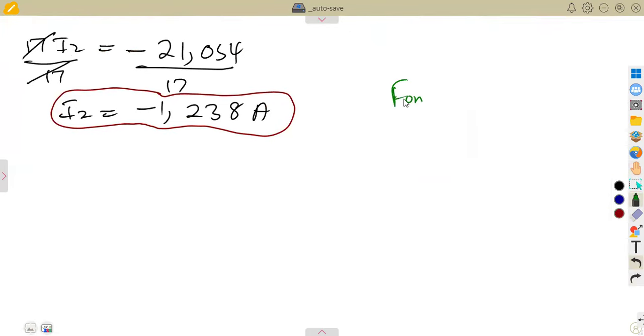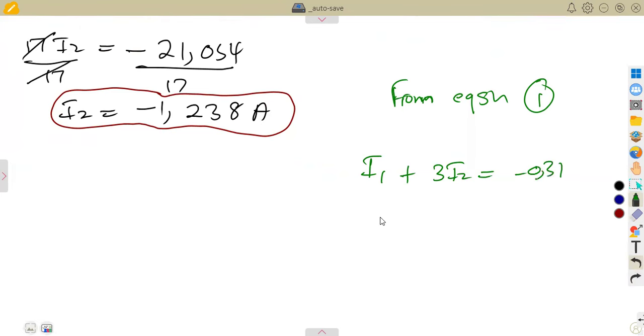All right, so in this case, I'm just going to take equation 1. Remember it is I1 plus 3I2, which is equal to minus 0.31. Guys, we can make I1 the subject. I1 is equal to minus 0.31, transpose this to the other side, it becomes a minus, that's minus 3I2. So thus we can substitute your I2 to determine I1.